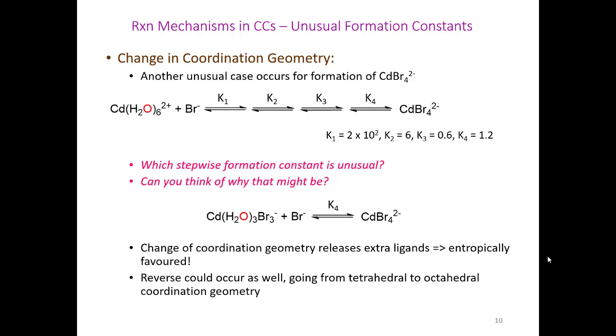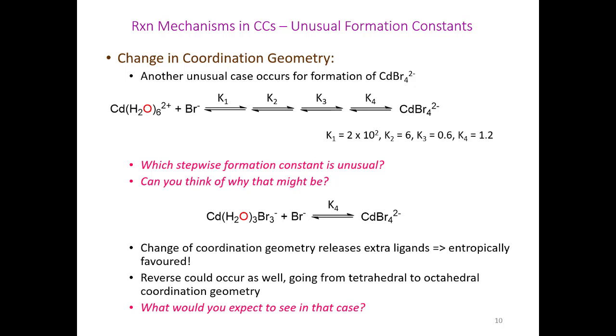So if you are going from a tetrahedral to an octahedral coordination geometry, you would get more order in the system. You'd have more molecules on the left side than you would have on the right side. So what would you expect to see in that case? Well, you would expect to see a much smaller stepwise formation constant than you would normally get just from statistical reasons alone.